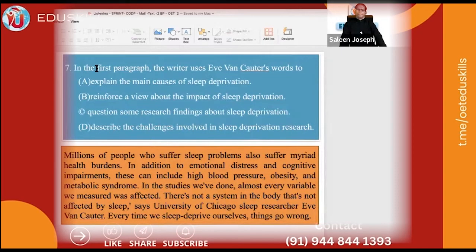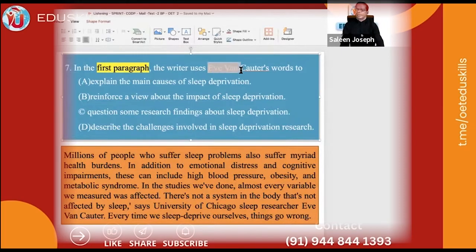Here, the first paragraph is important, especially for the beginner, because you need to number the paragraphs. As soon as you get the text, try to number the paragraphs so that you immediately go to the concerned paragraph for each question, so that you don't waste time. And Carter's name is also important.